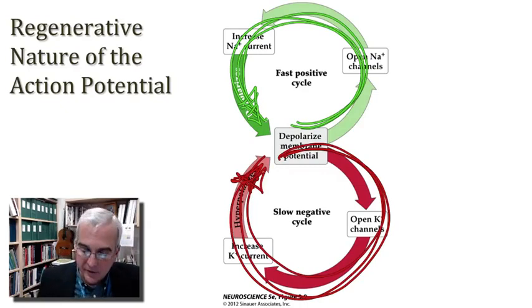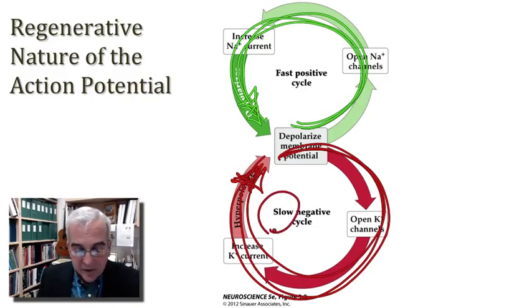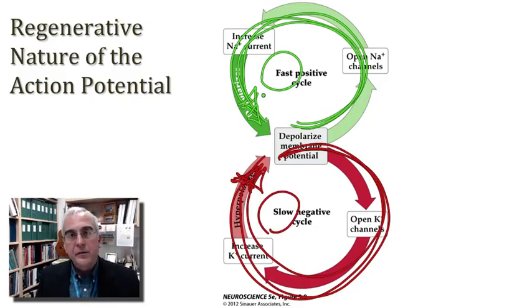Now, it's interesting, is it not, that the negative cycle is slow and the positive cycle is fast? This temporal dependency ensures that the action potential can be an explosive event. That is, the rising phase can happen unimpeded by this more slow negative phase.